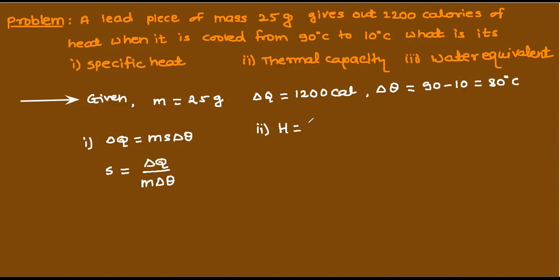H is equal to M into S. Whatever M you are having in gram, specific heat in calorie per gram degree Celsius. You can do it. And third one, water equivalent W is equal to again M into S, that is in grams. Understand? Can you do yourself? It is very, very easy.